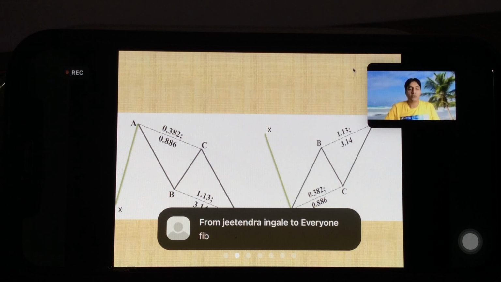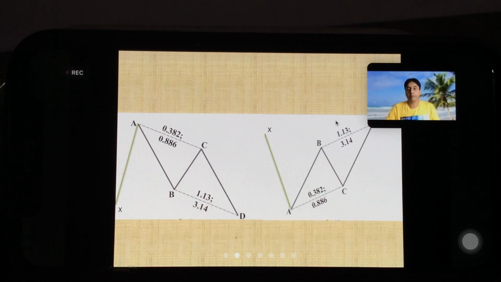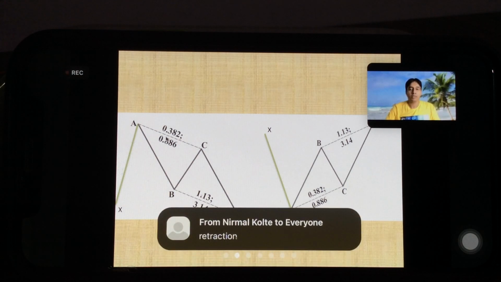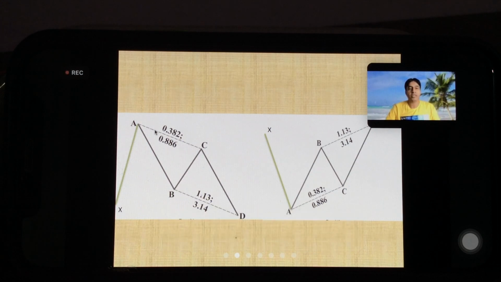Which Fibonacci do we plot, from where to where? When we plot Fibonacci from A to B, then C can be at any of these: 0.382, 0.5, 0.618, 0.786, 0.707 and 0.886.